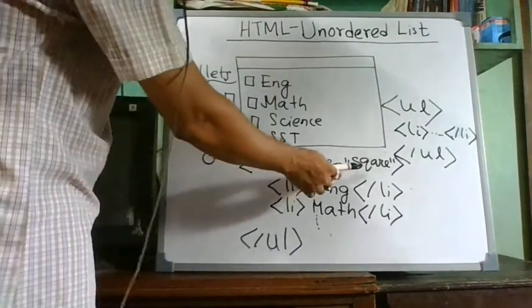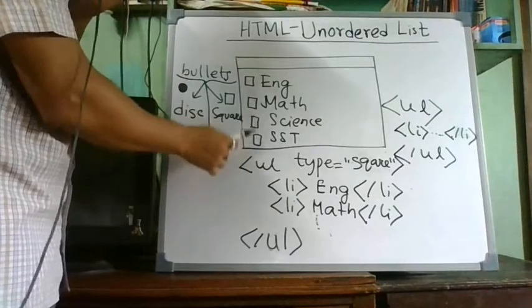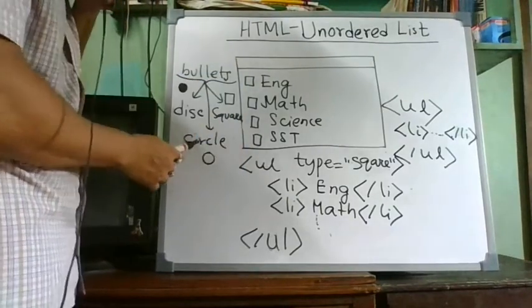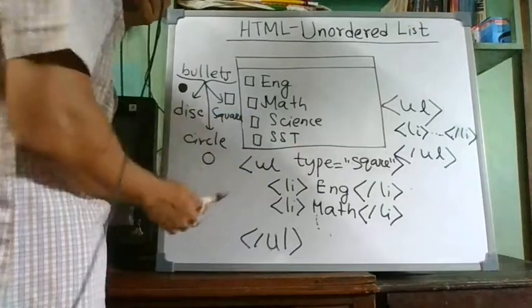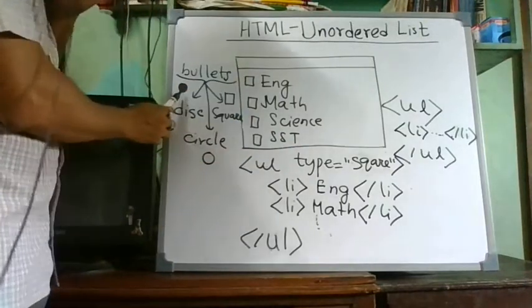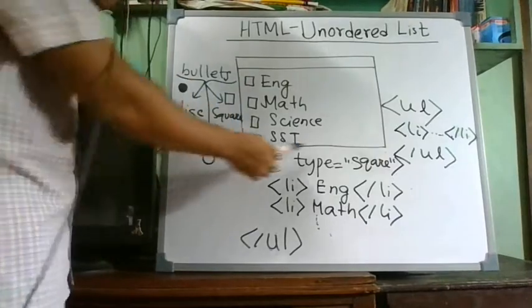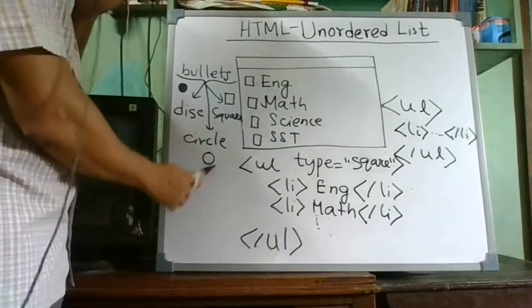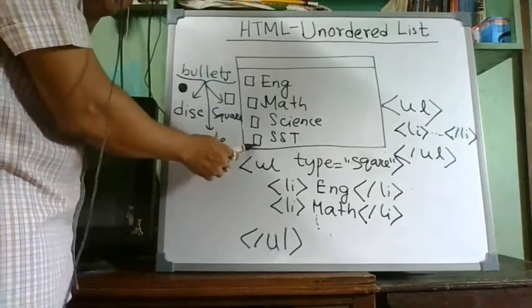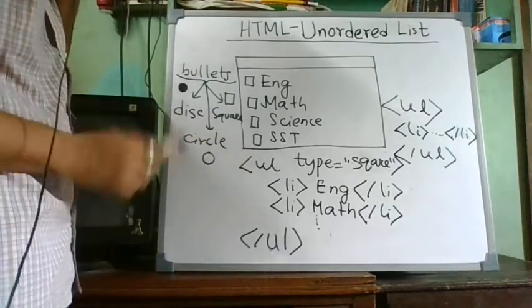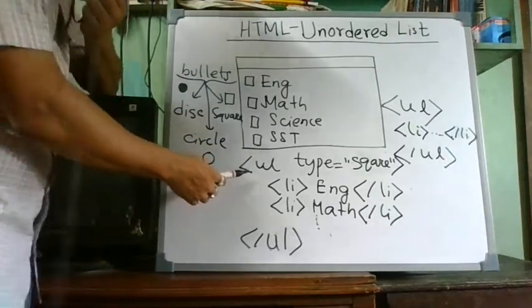If you use square, then the same will be displayed in your list at the left hand side of the list. If you use disk, then this type of bullet will be displayed at the left of your list items. If you use circle, then this type of bullet will be displayed at the left of your list items. And the UL tag is a container tag.